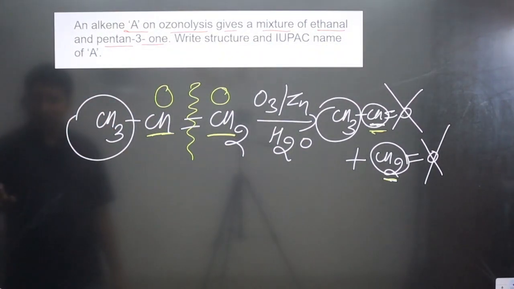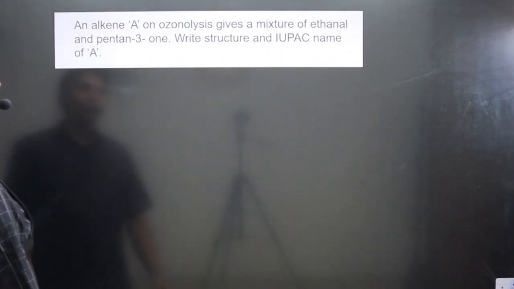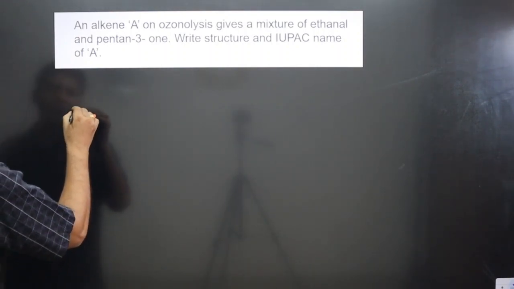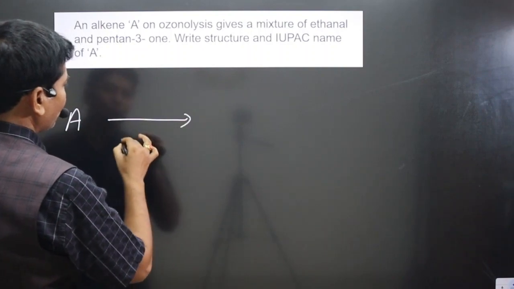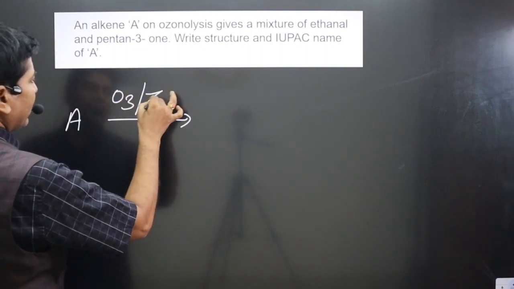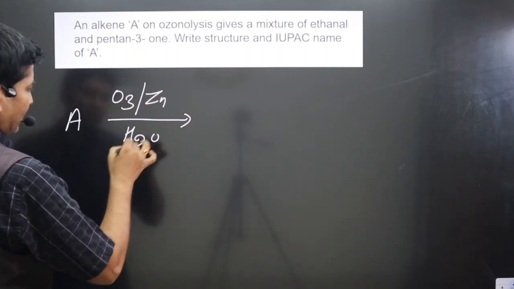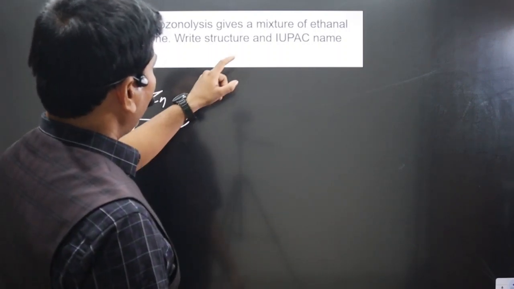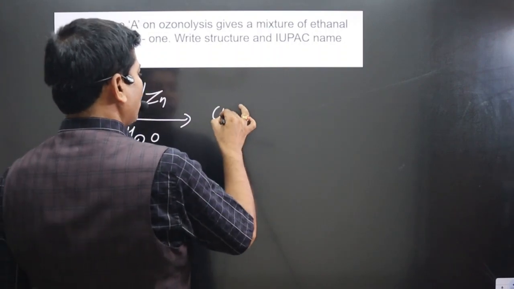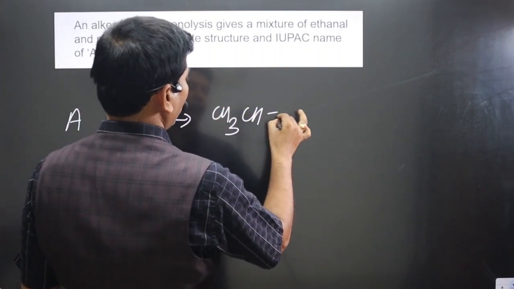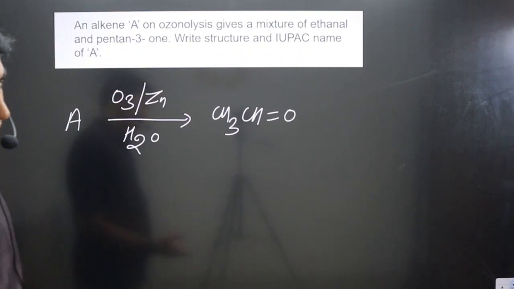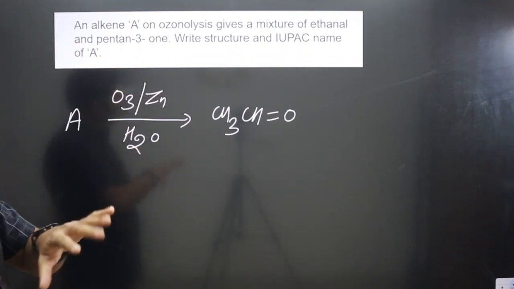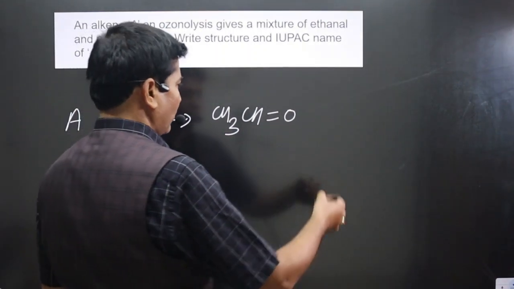Okay, pay attention carefully. We have a reactant; let me write it. This is the reactant. It undergoes ozonolysis, O3 with Zn, H2O. Draw the structure of the products. A mixture of ethanal, so we have CH3 CH double bond O, this is ethanal, an aldehyde. Then pentan-3-one is a ketone.